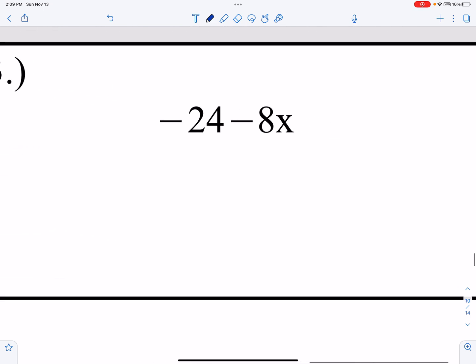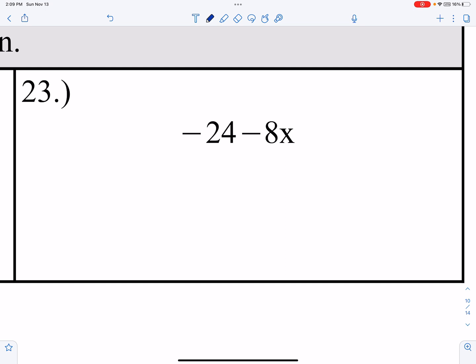And then your last one, I can pull out or factor out the 8 from both numbers. Okay, they're both negatives, so I'm going to factor out a negative 8. And we have 3, since 3 times 8 is 24. And then we have just our x here.